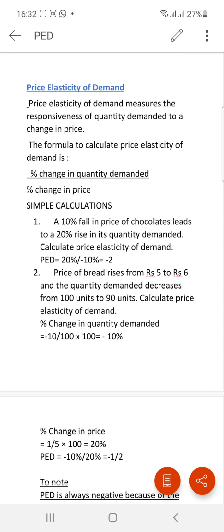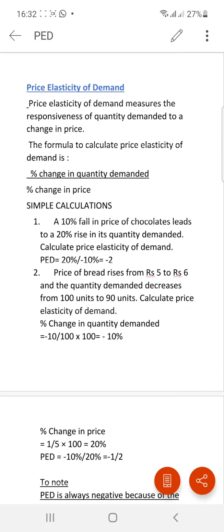Then we calculate the change in quantity demanded. So quantity decreases from 100 to 90. So 90 minus 100 gives us negative 10. Negative 10 divided by the original quantity, which is 100, multiplied by 100 gives us negative 10%.